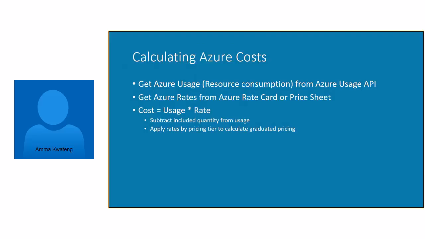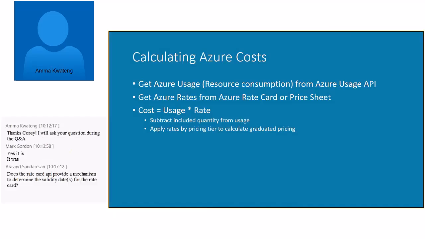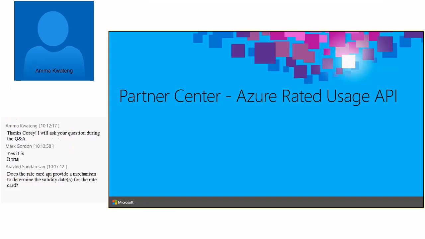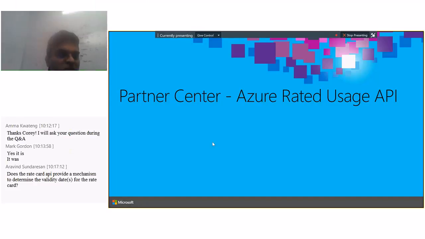How do we get remaining credits on an Azure Open subscription? Okay. So for Azure Open subscriptions today, if you go to the Azure Accounts portal, it will give you the credits remaining by token and the total credits remaining.